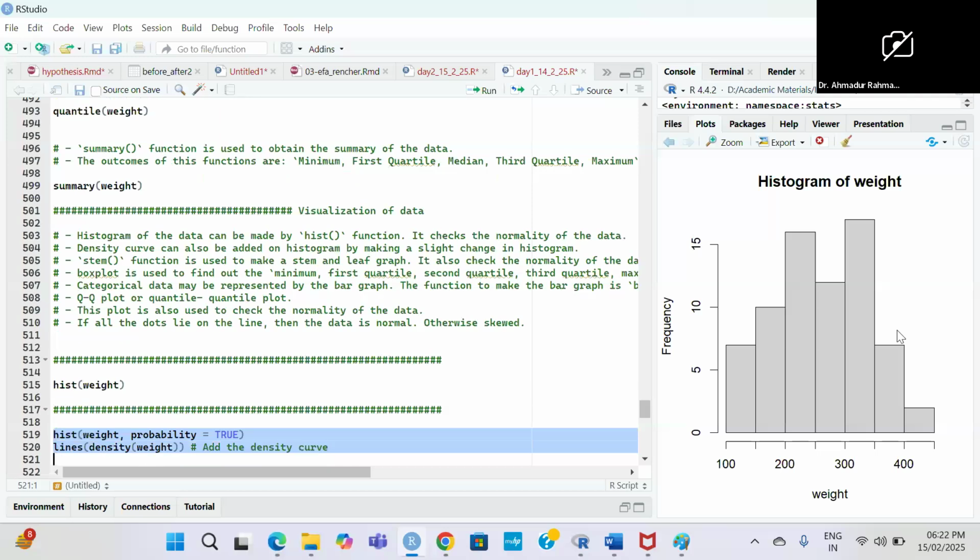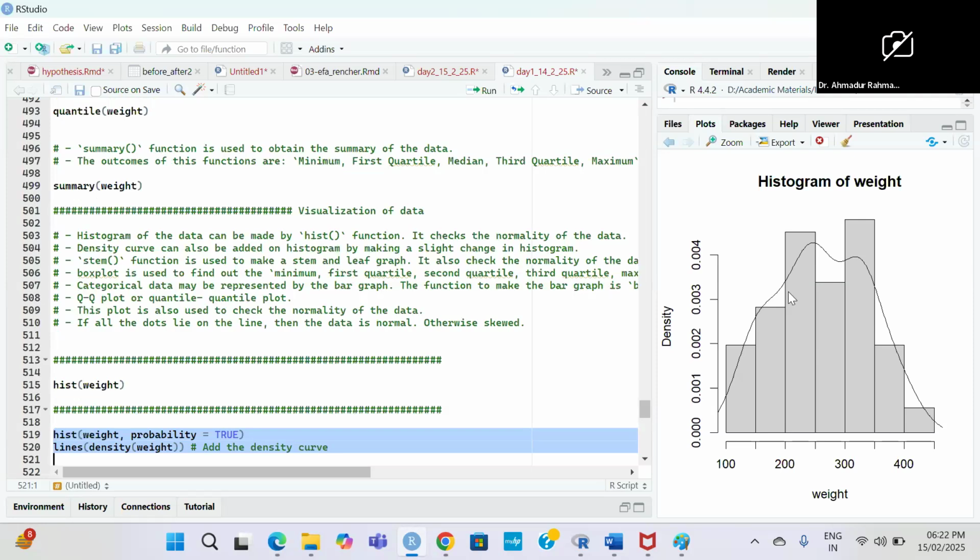So we will later perform a test to check whether this data is normal or not. But if we see whether there is any possible normal curve or not, we have also added the density function on this, and this density function is showing that this might be normal, this is close to normal, not exactly normal, but close to normal.